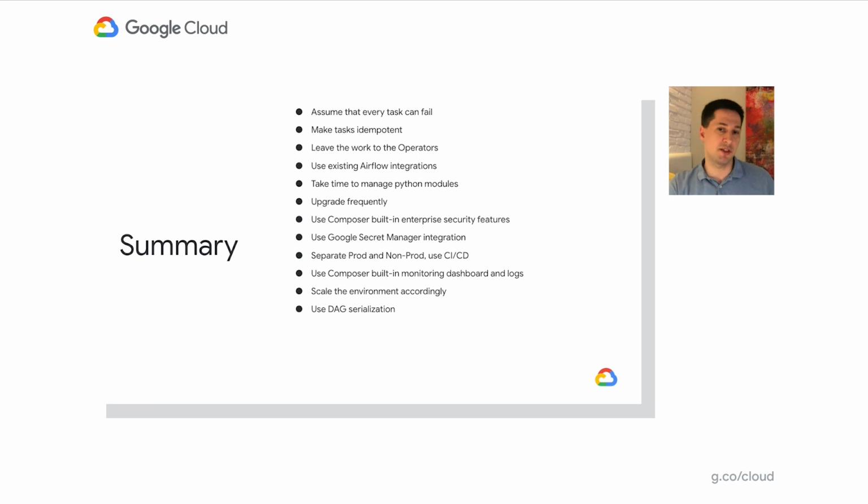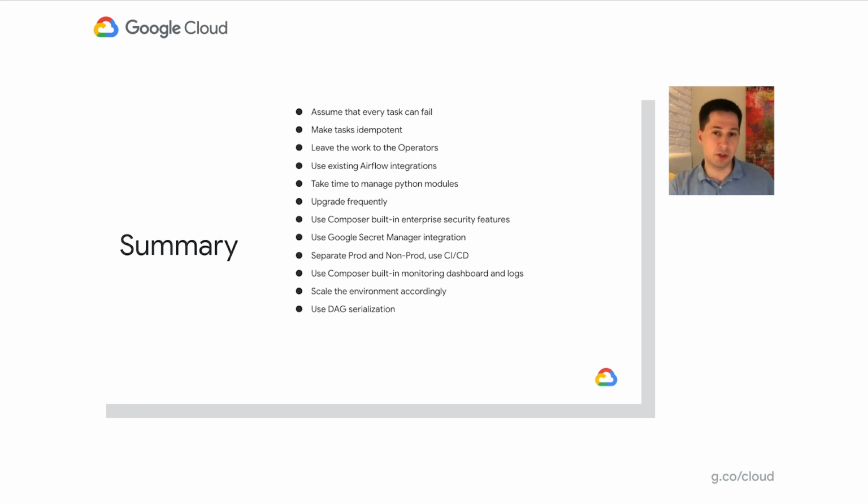Use built-in enterprise security features. Since this is a long list of potential features, you may need to choose the ones that fit your organization and your security policies and regulations. But look into those, please, and choose ones accordingly. For managing of your secrets and keys with other systems, I highly recommend using Secret Manager as a way to manage basically all of those components that you need to have for your integrations.